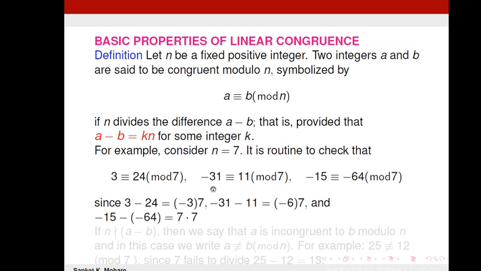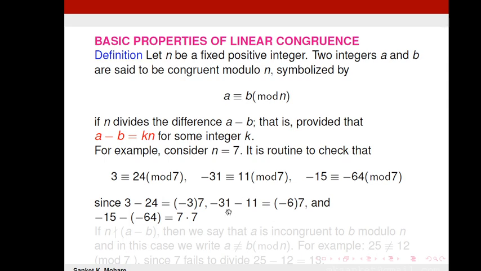Next example, minus 31 is congruent to 11 mod 7. As the difference of these two integers, minus 31 minus 11, is minus 42, and we know 7 divides minus 42, this is a congruence relation, and minus 31 is congruent to 11 mod 7.